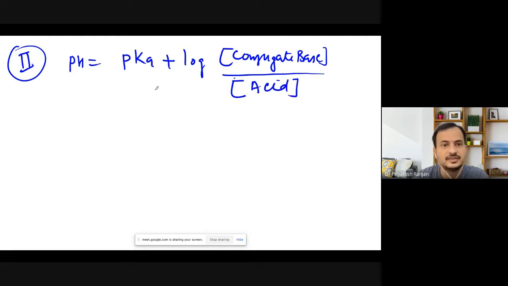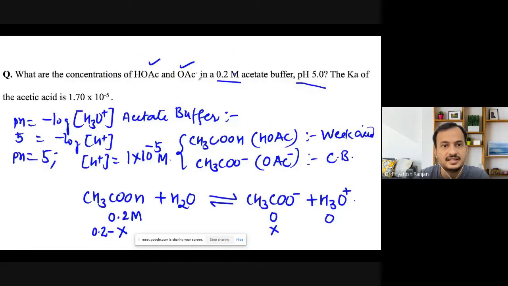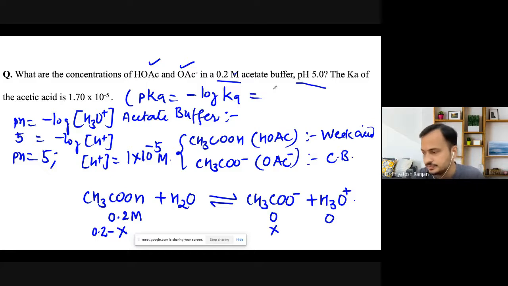Many of the values are given. The pH in this question is given as 5. pKa is not given directly. The Ka is given as 1.7 into 10 raised to the power minus 5, and you can calculate the pKa as pKa equal to negative log Ka, and you will get a value close to 4.769, and you can round off this value to 4.77.